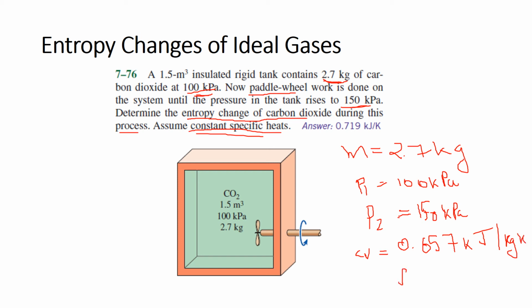This is from table A2, not A6. For carbon dioxide I have found the constant. Why did I take Cv? Because we are dealing with a closed system. The system is insulated, so the gas is not crossing its boundaries. It's an insulated closed system, as well as no heat transfer also.